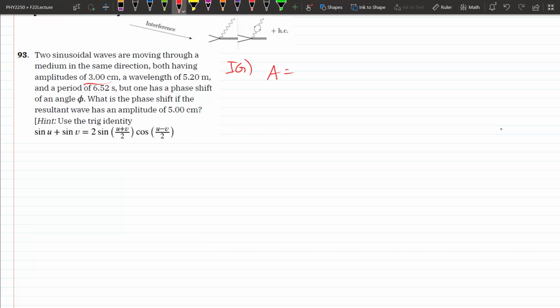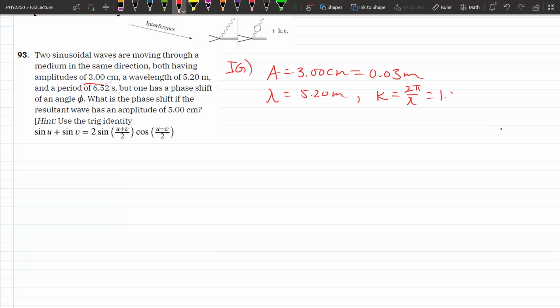The amplitude is 3.00 centimeters, or translated, 0.03 meters. And it has a wavelength of 5.20 meters. What I'm going to do is translate that directly to the wave number instead, which is just 2 pi over the wavelength.